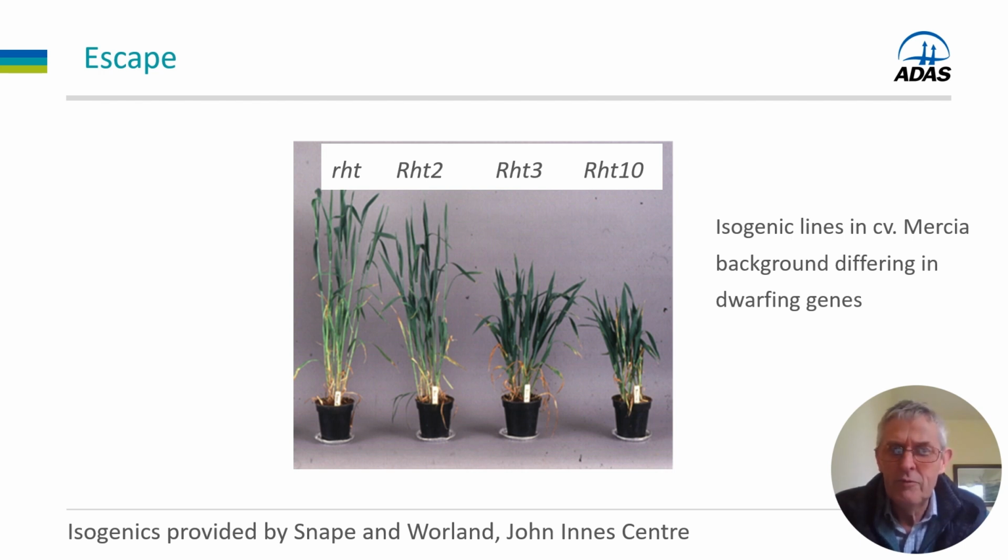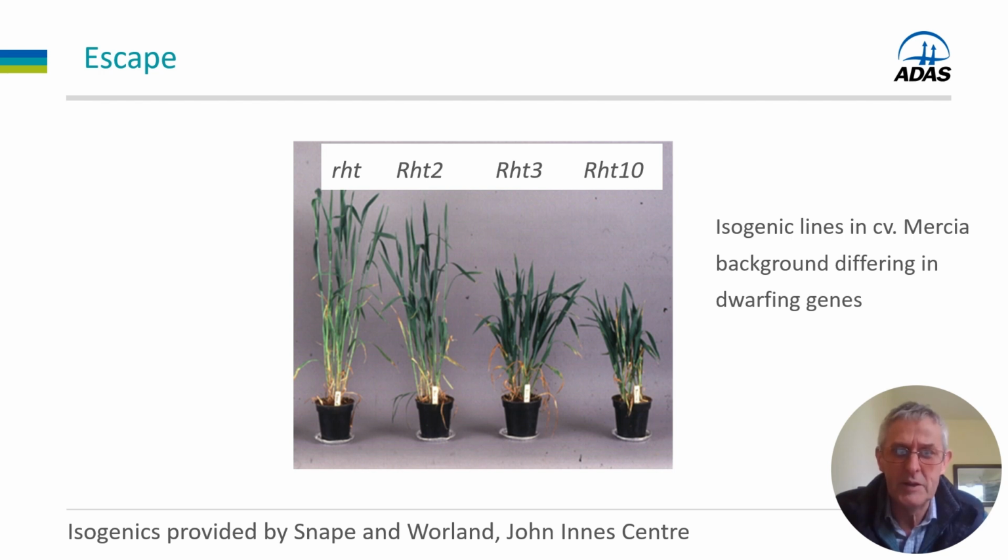And the progeny of that cross were then back crossed to Mercia, typically 6 or 7 times. So what you end up with is effectively the variety Mercia, but with a difference in the dwarfing gene and the vast majority of the remainder of the genome, and therefore the vast majority of the resistance genes, identical to the Mercia background.